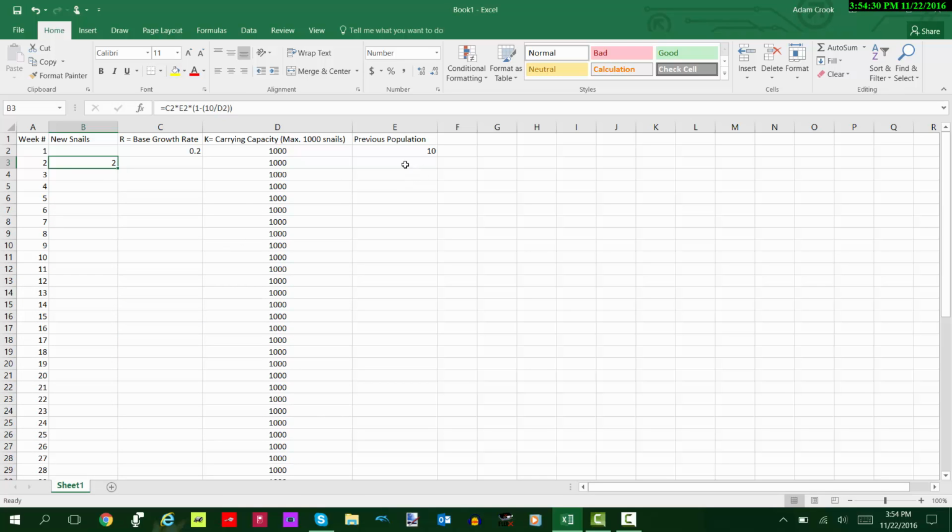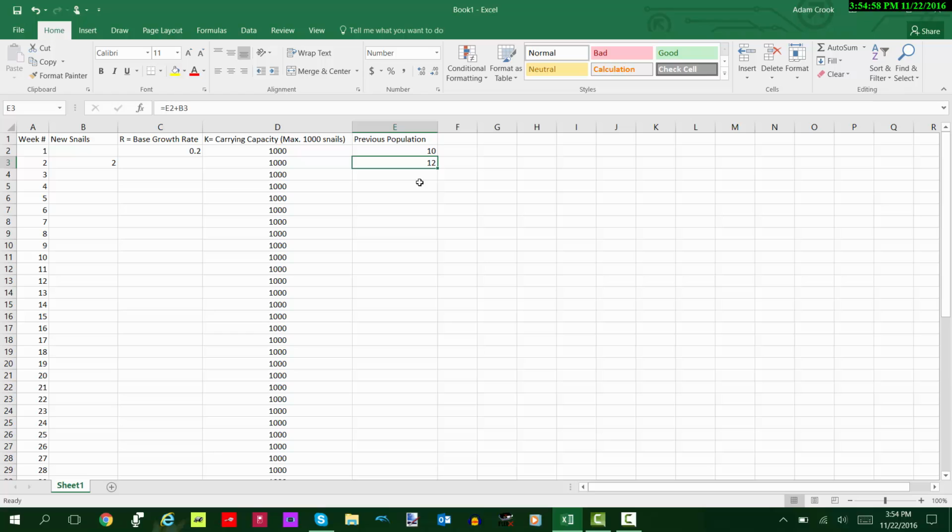Now what we gotta do is add this to that, so it'll be 12. This cell equals that plus this cell, and that'll be 12. And now we gotta do this for the rest of the weeks.